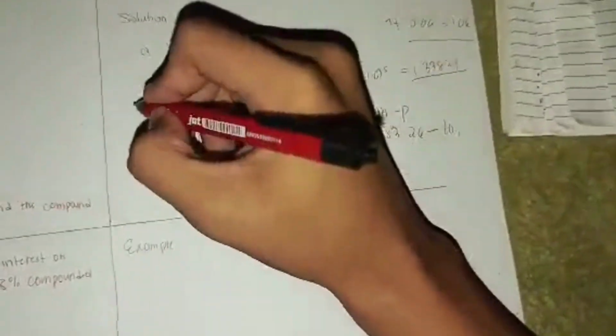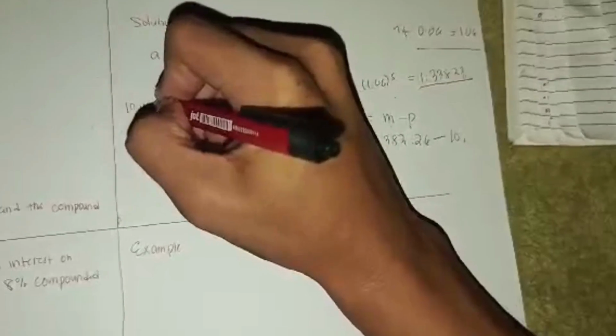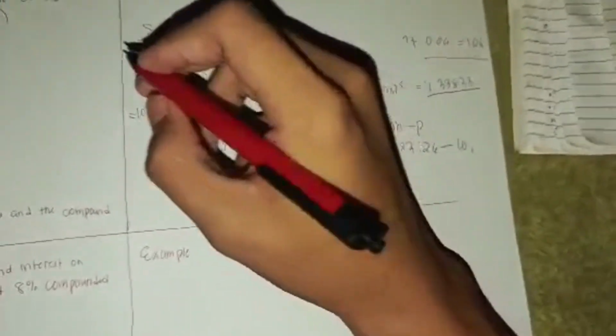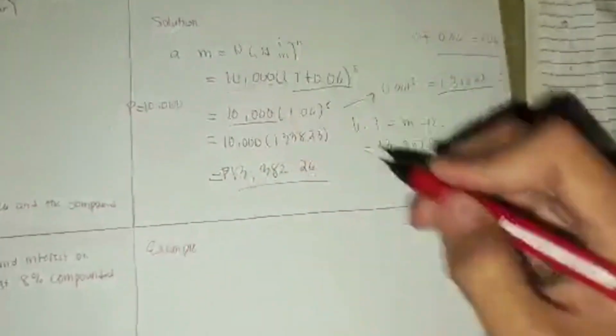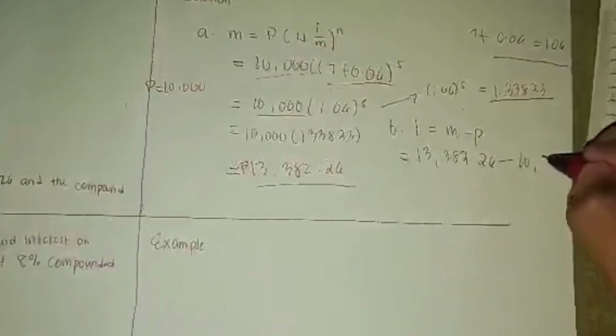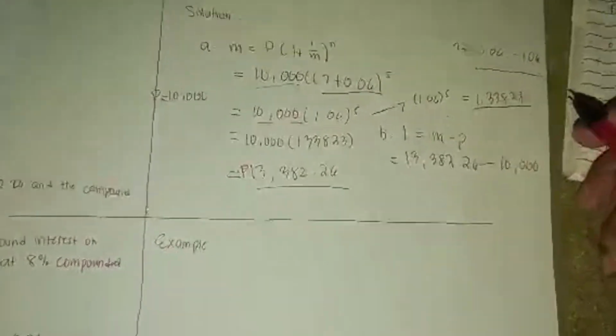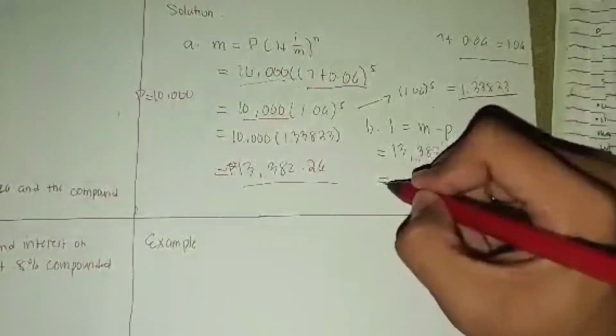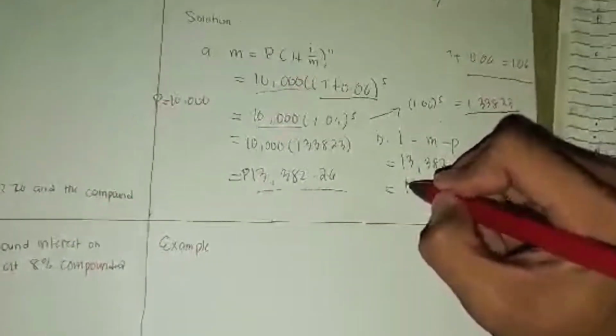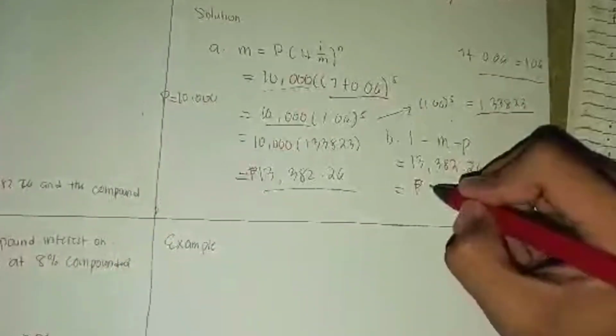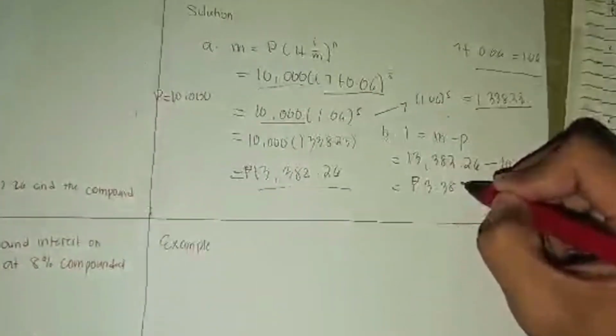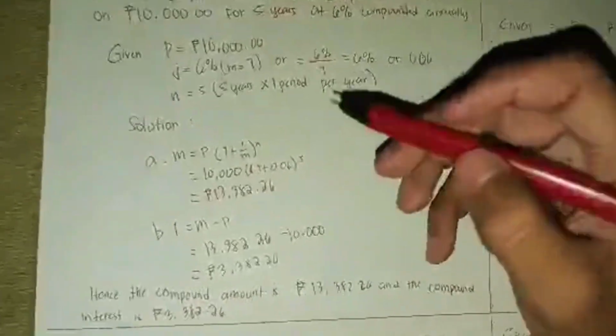This 10,000 is letter P. Then subtract it, and the answer is 3,382.26, and there it is.